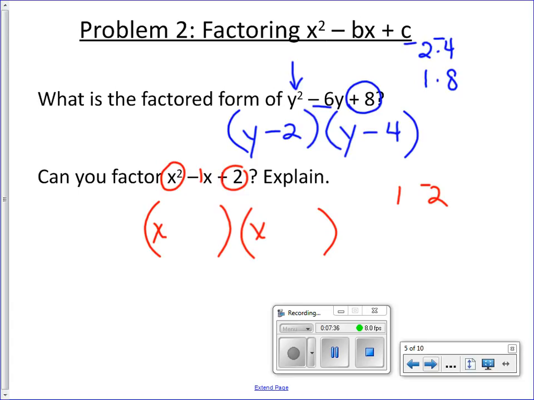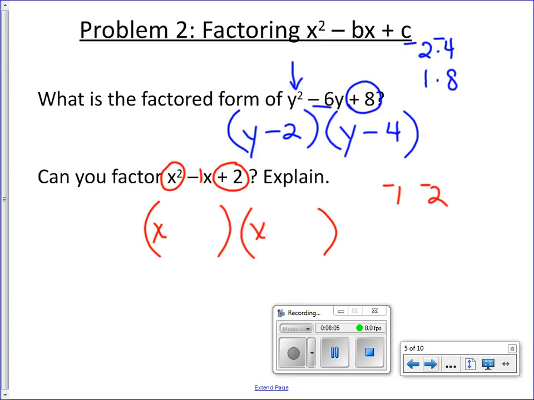But here's the problem. Let me erase this so we can see it. In order to get a positive 2 at the end, both of our factors would have to be negative. And there are no numbers that we could multiply together that would give us a positive 2, but that would add up to give us a negative 1 in the middle.